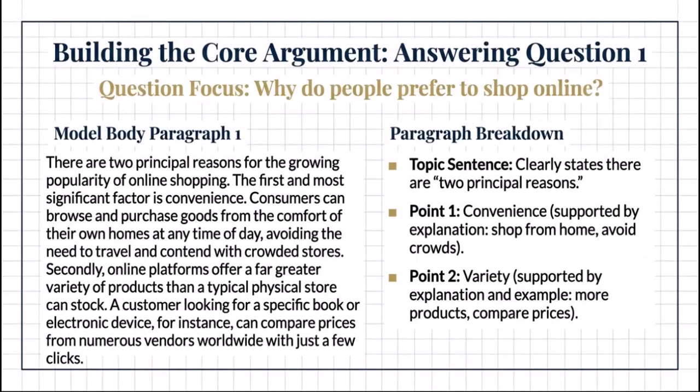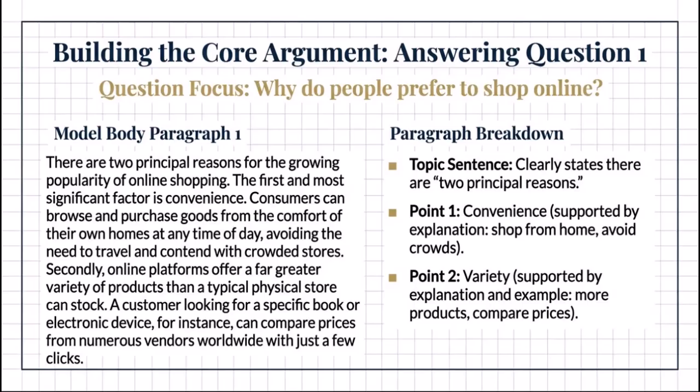Now, let's look at the body paragraphs themselves. This is where we answer each question fully and, crucially, with equal detail. The first paragraph is dedicated entirely to answering question 1, why? It starts by clearly stating there are two principal reasons. The first reason is convenience.